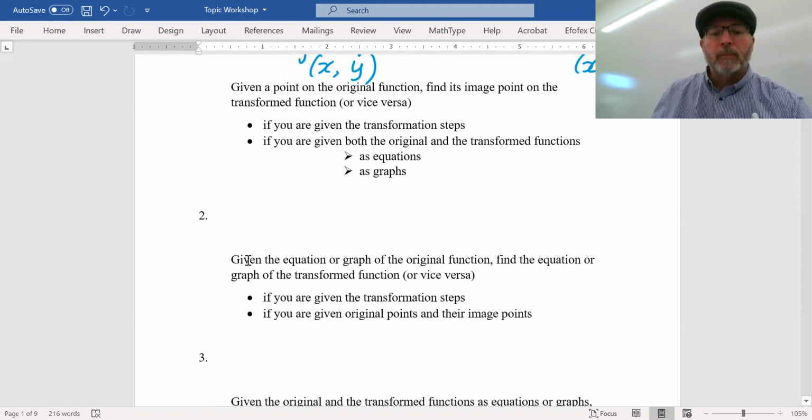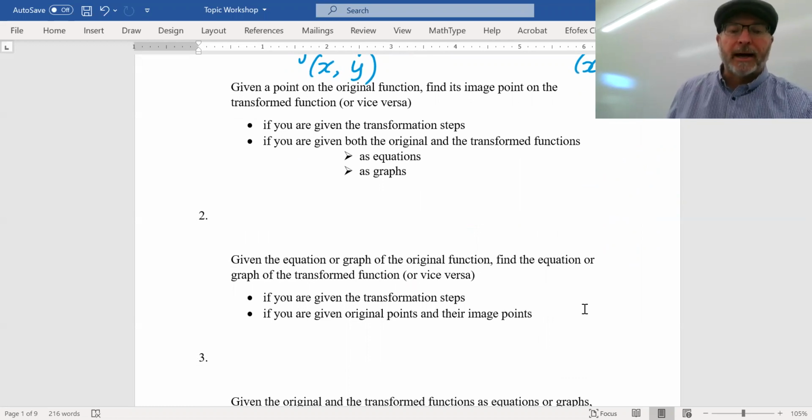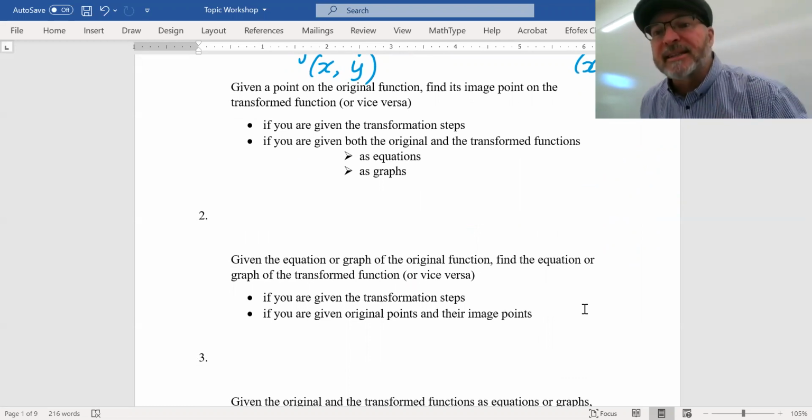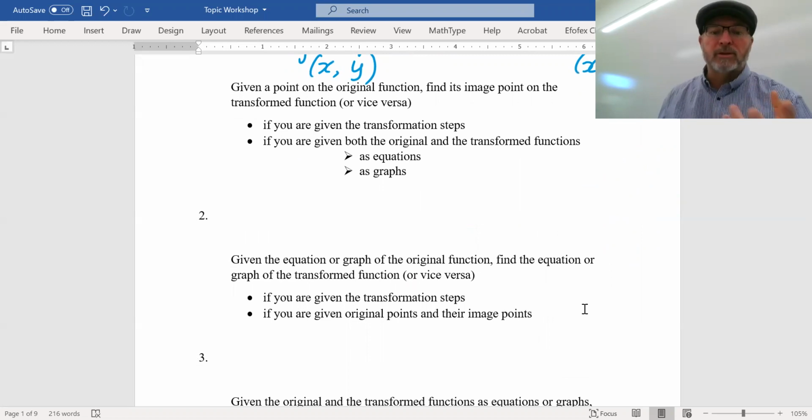Number 2, if you're given the equation or the graph of the original, you've got to find the equation or the graph of the transformed function. Maybe you're given the steps, that's the usual thing, or possibly some original points and image points, a bit of a graph situation.